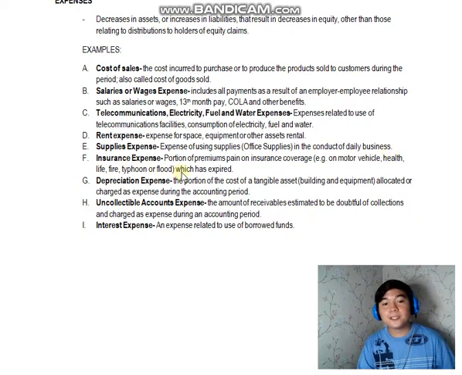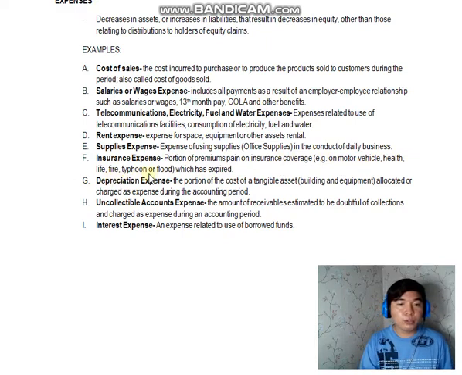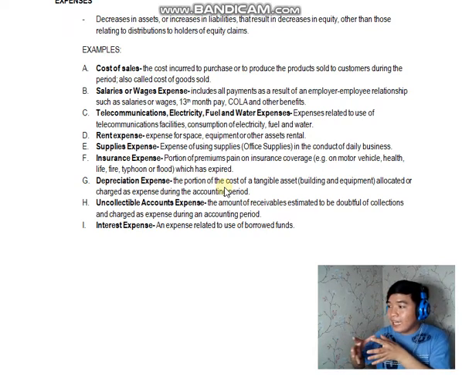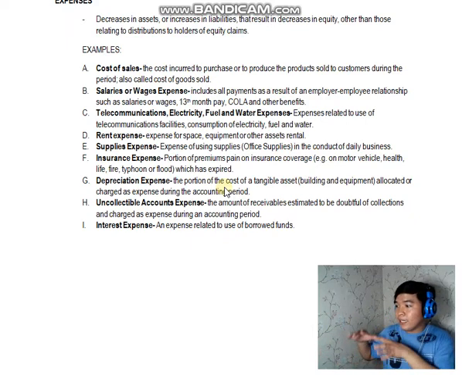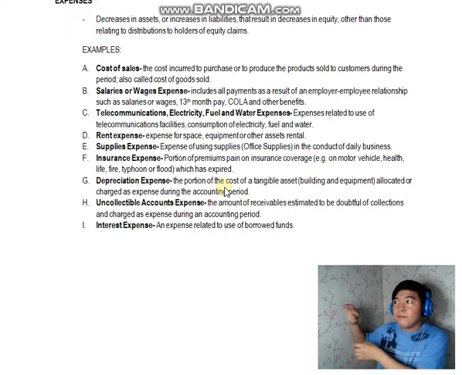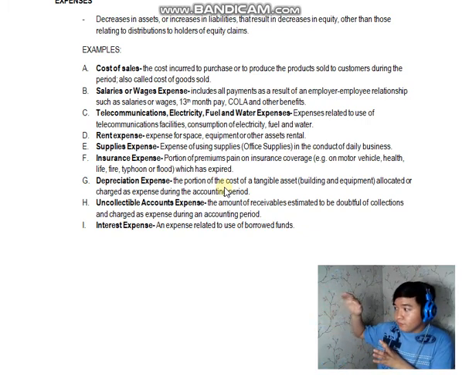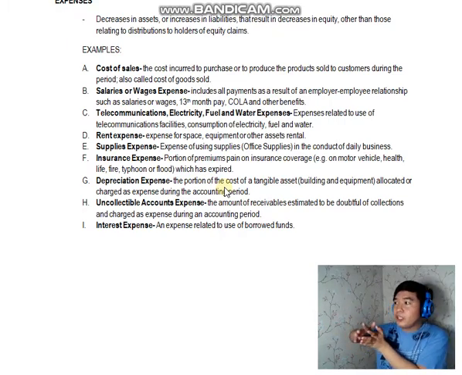Okay? Insurance expense. Portion of premiums paid on insurance coverage. Examples are on motor vehicles, health, life, fire, typhoon, or flood which has expired. Example nito, nagbabayad ka ng premium for insurance. Let's say, yung tagal ng insurance is 1 year para maging safe, particular yung equipment, okay? So, yung insurance na yon, ang expiration is 1 year, okay? So, of course, pag insurance, yung consumable niyan is within the time period.